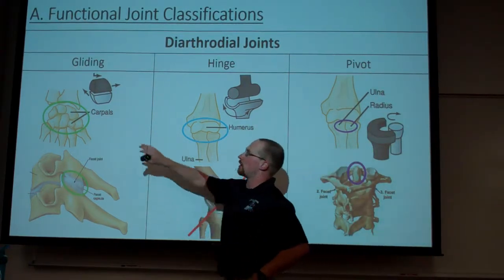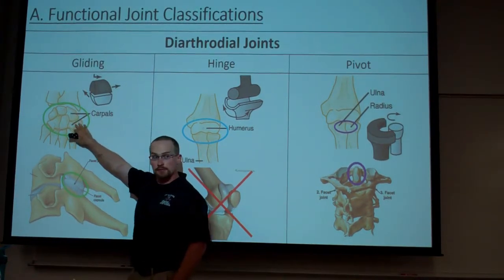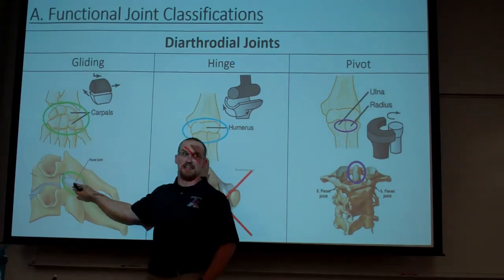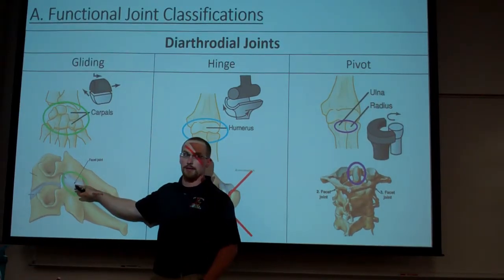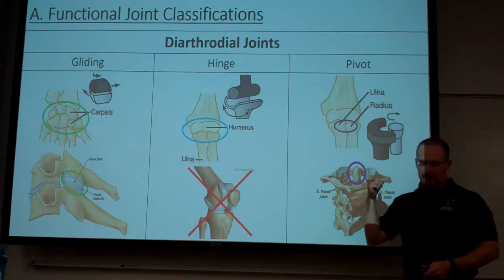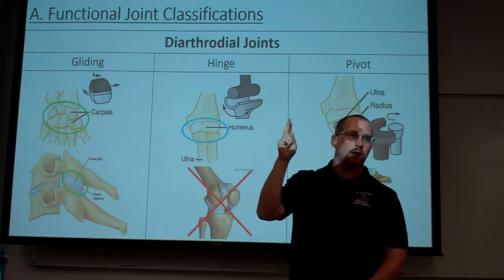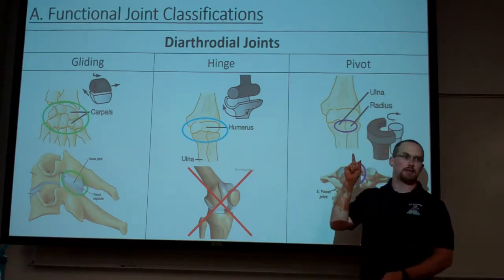But to start here, gliding joints. You'll find those in your wrists, or you'll find those between 2 facets of your vertebrae. Likewise, okay, a pivot joint, okay, has one axis of rotation. Okay, so that means pivot joint can move in one plane.